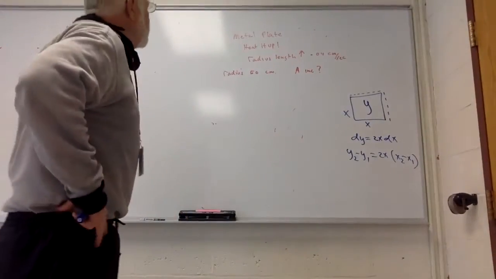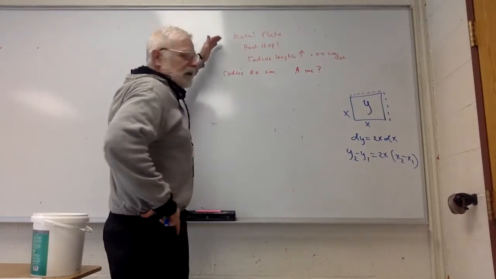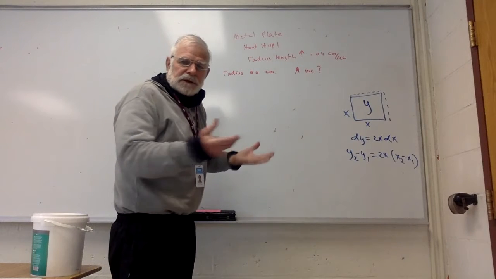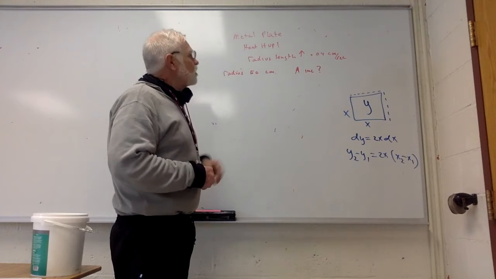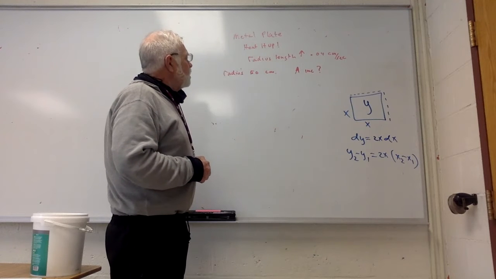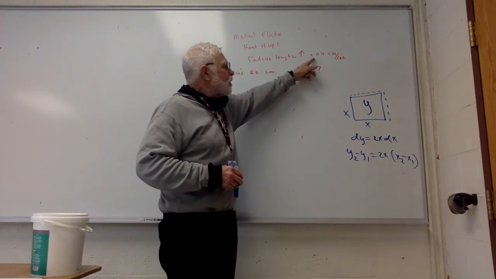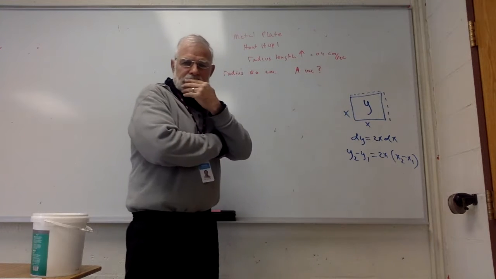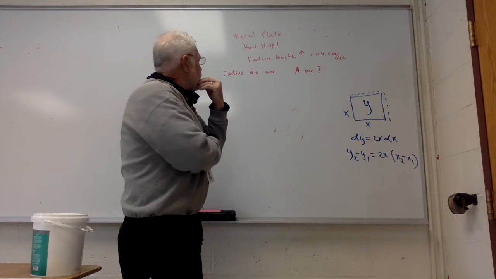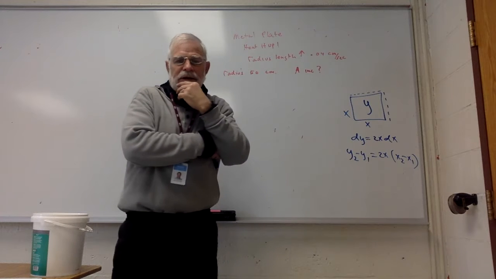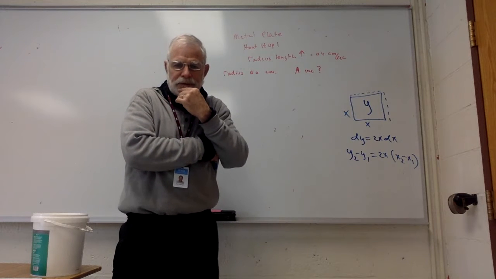So let's say you're heating a metal plate. Pretty typical problem here. Now you're heating it up, and evidently the metal is expanding. The plate's circular. So the radius length is increasing at 0.04 centimeters per second. And when the radius is 50 centimeters, at what rate is the area of that plate changing?